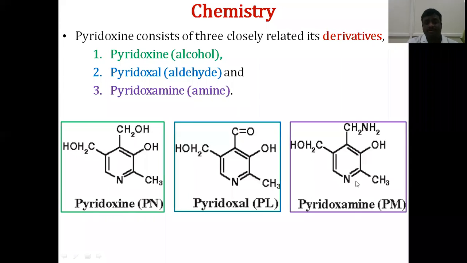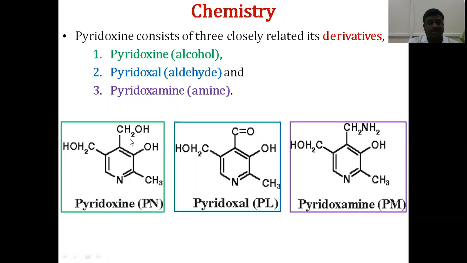This is common for all pyridoxine derivatives. The only variation is at the fourth carbon atom, which contains different components, and depending on that component they are given the name.